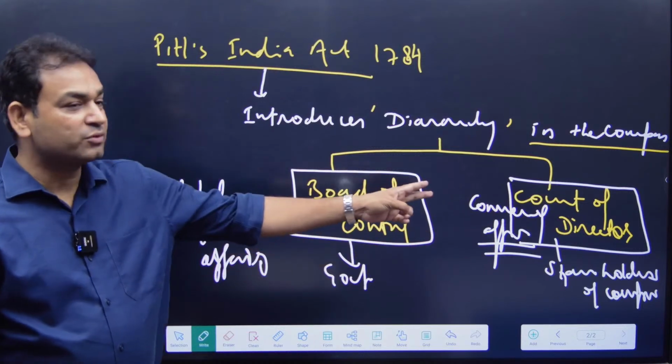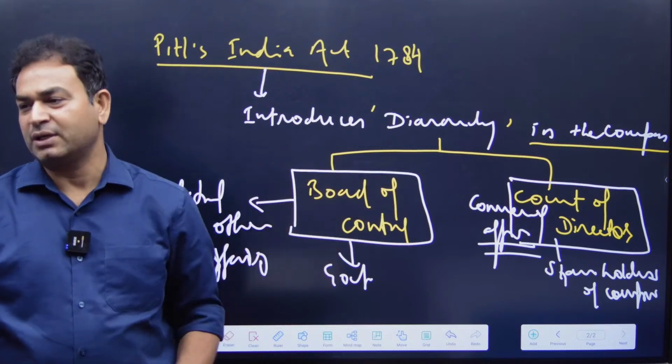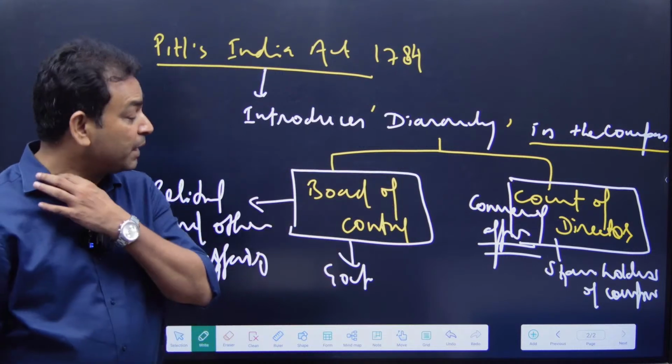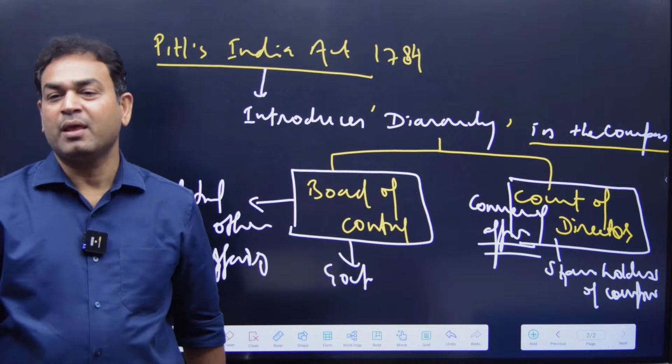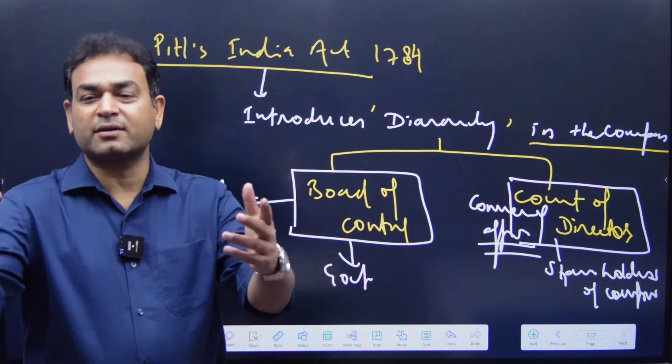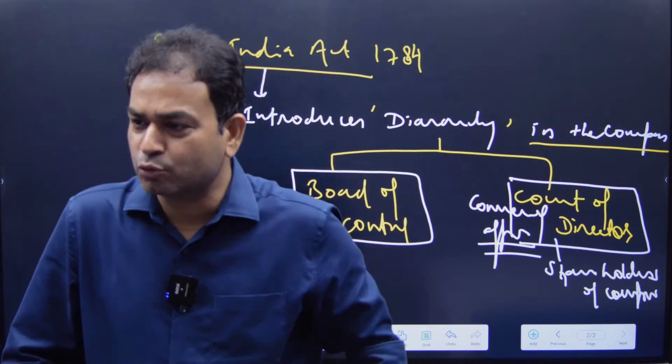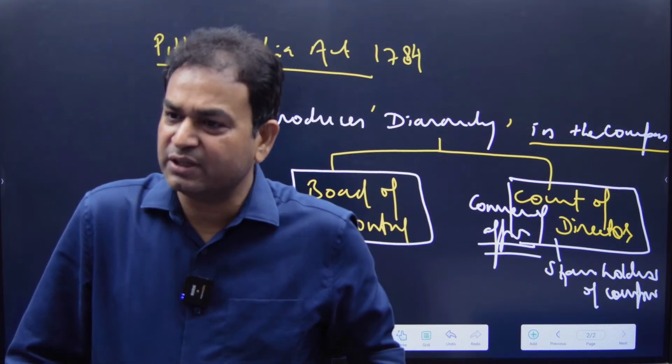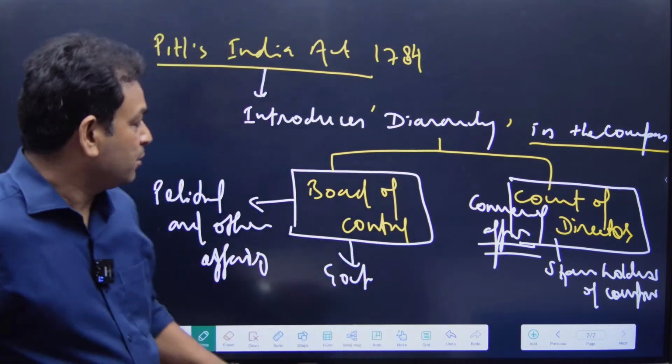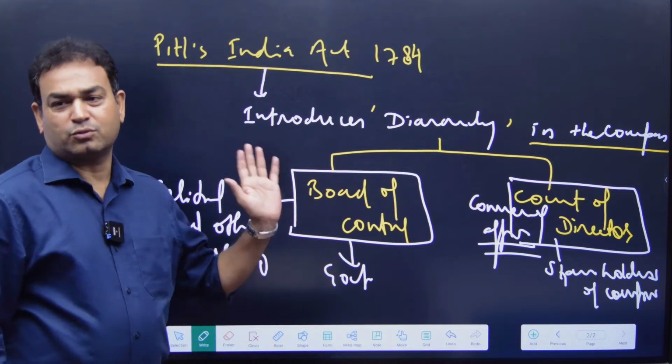Now dual system was working in the company, and by this act, first time British government directly started controlling the affairs of the East India Company through board of control.